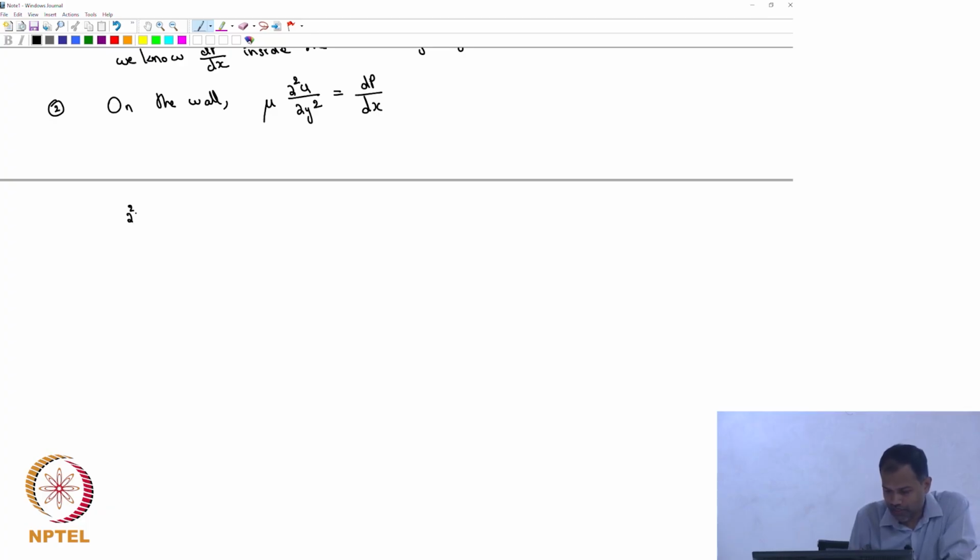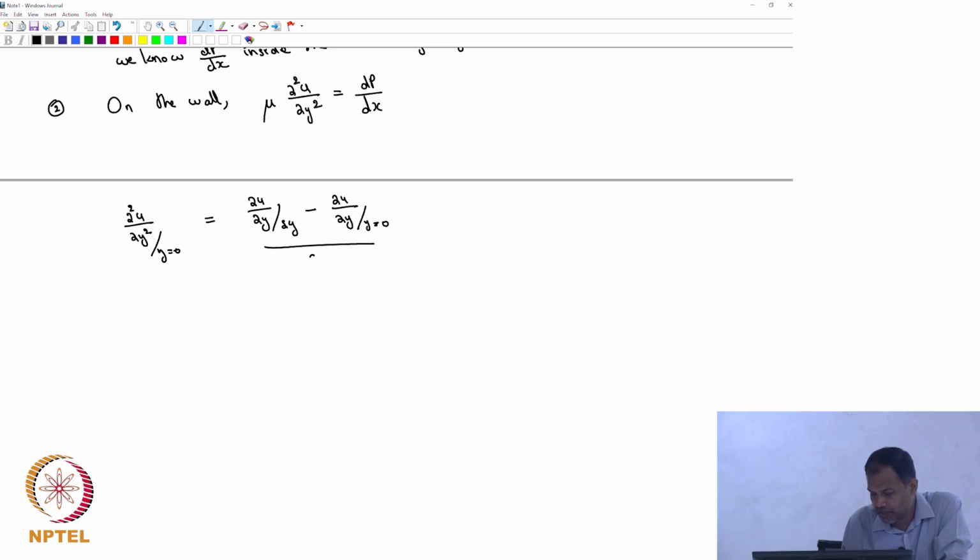So just to go through it once again, I am interested in calculating the second derivative of velocity. ∂²u/∂y² at y = 0 I can write as [∂u/∂y at y = Δy minus ∂u/∂y at y = 0] by Δy, in the limit Δy tending to 0, which is my definition of the second derivative of velocity.